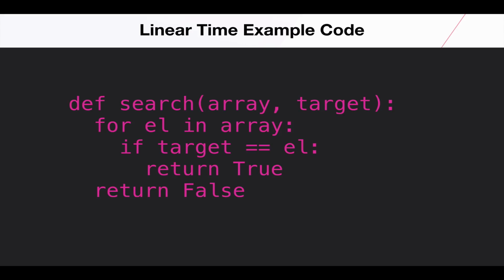We're going to have to do a search by literally inspecting every single element one at a time. We can look at the code and see that it's doing a for loop over every single element in the array and checking to see if the element we're currently looking at matches our target. If it does, we'll return true. Otherwise, we get all the way through the array and none of them matched, so we know then that the element we're looking for is not in the array.